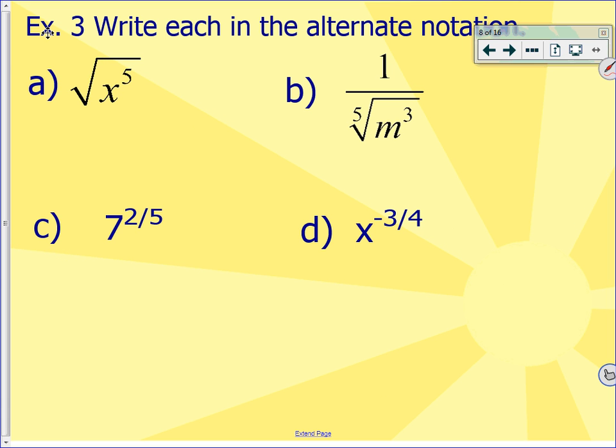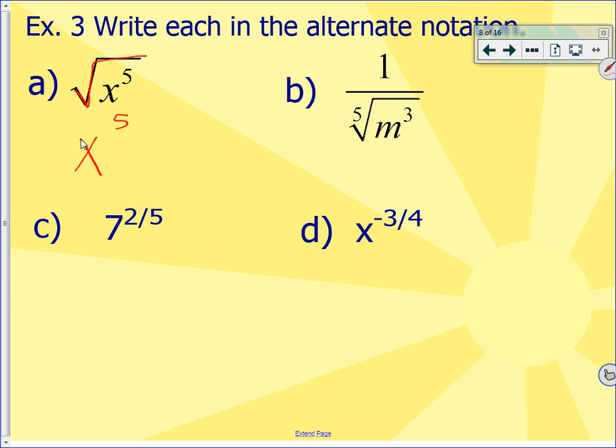If we wanted to write these in the alternate form, this would be x to what power? Maggie? Is it 1/5? What sort of root is it? Is it a third root or fourth root? Square. So it's x to what power?